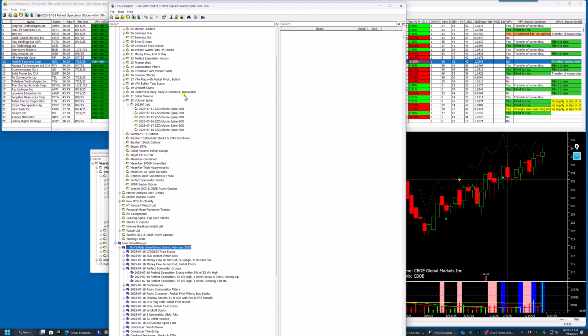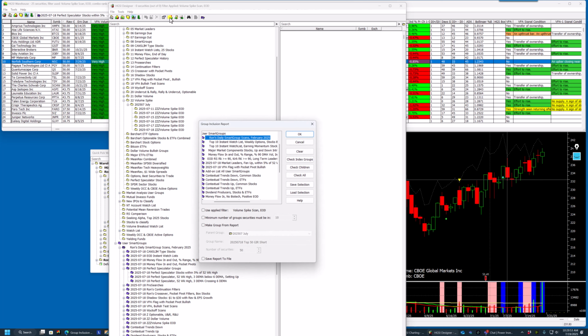Anyway, let's try this. So, group inclusion report. I'm going to clear this. I'm going to go up to my user groups, and I'm going to go into my non-index groups, and I'm going to go into volume spikes, check children. I haven't done this.